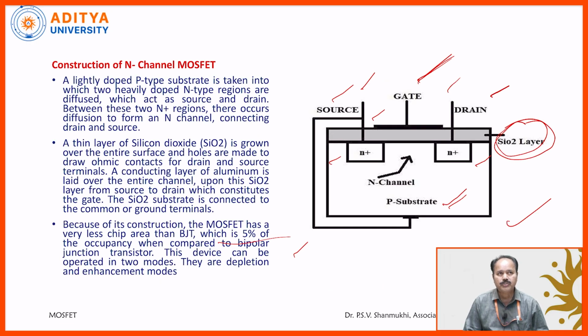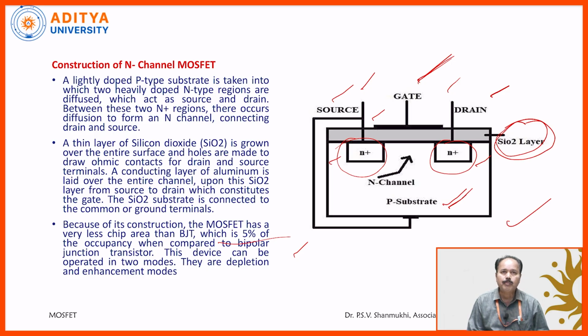So coming to the general construction of this one, a P-type substrate is taken. On that one, N plus heavily doped N regions are diffused into that region. Automatically they are acting as source and the drain.